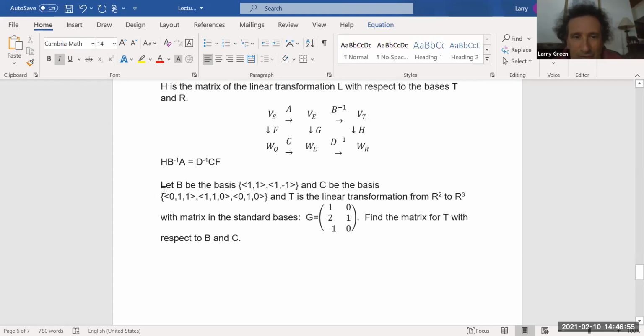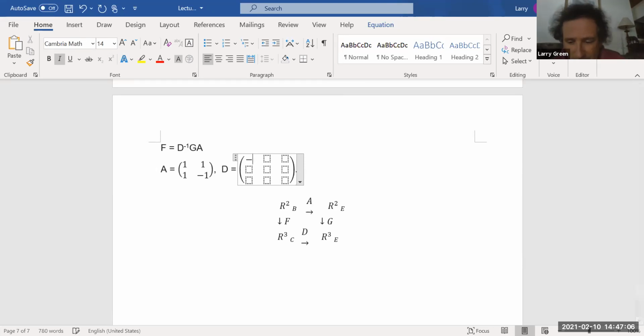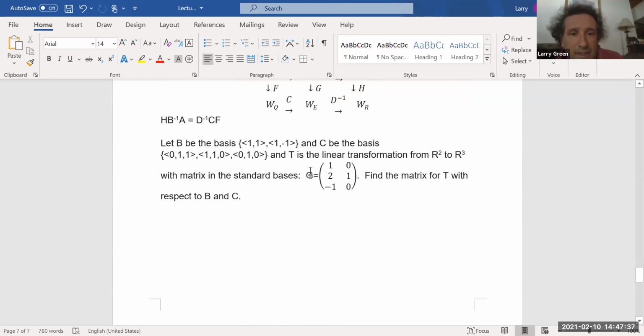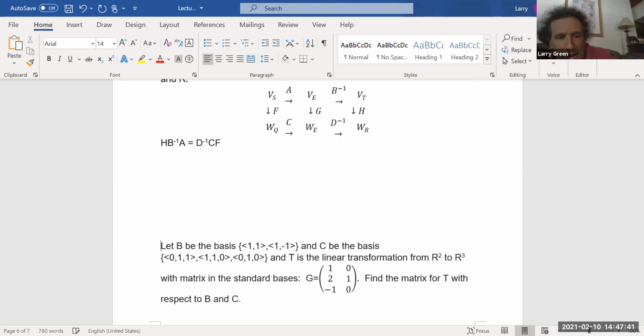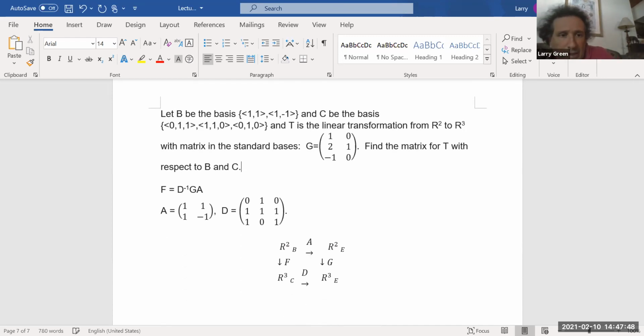To get D, I just write these 0, 1, 1, 1, 1, 0, and 0, 1, 0 as columns. Any questions on this construction?